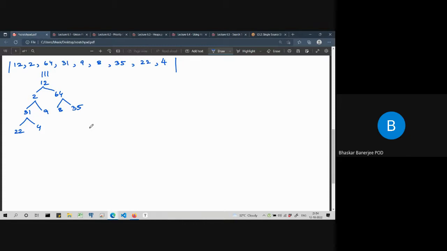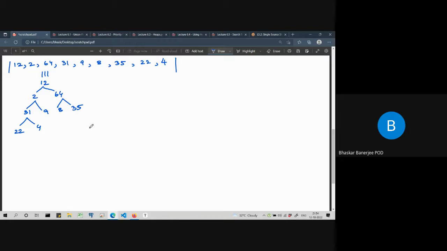That's the whole idea, because half of them are already leaves. If I do n by 2, that gives me the last leaf element, and if I do subtraction by 1, then I get the first non-leaf element. I've discussed that; you can revisit that part of the session if you have doubt. But n by 2 minus 1 was giving me the first non-leaf.